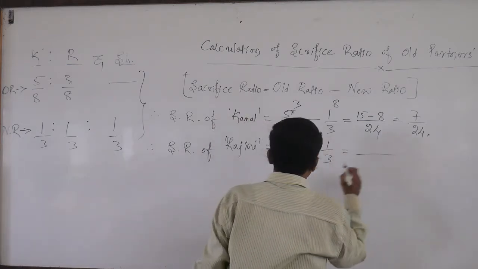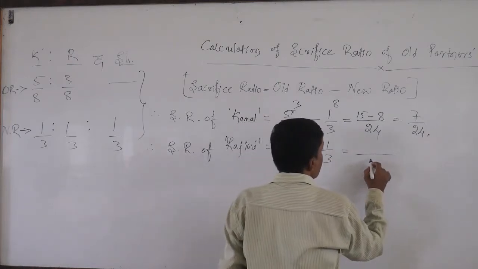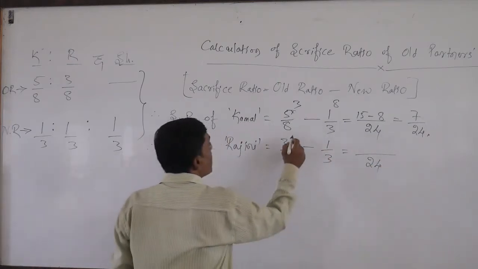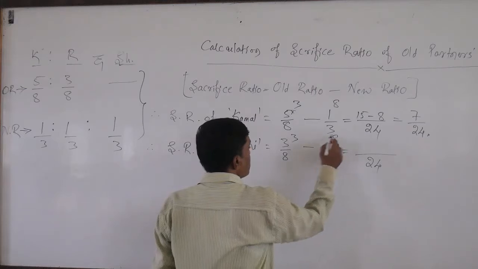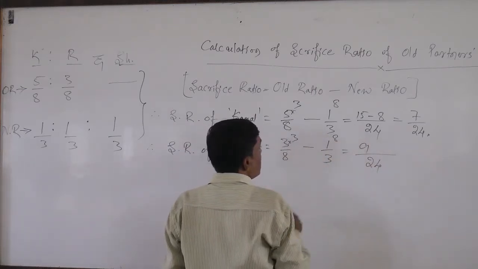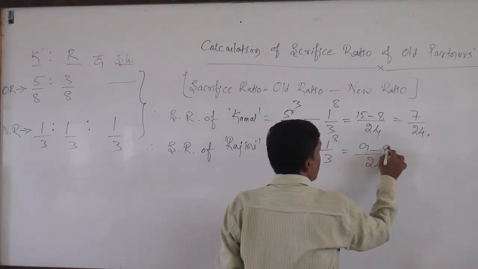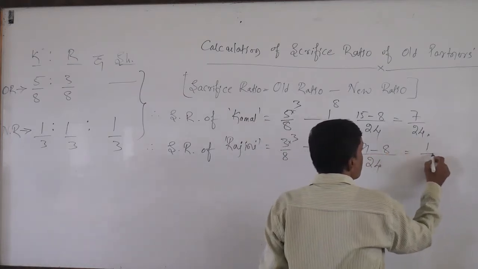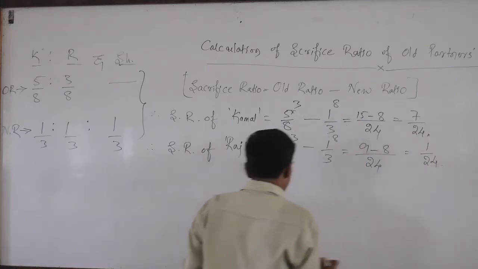Similarly, the LCM of 8 and 3 is 24. 8 3s are 24; 3 8s are 24; 3 3s are 9 minus 8 1s are 8 is equal to 1 by 24.